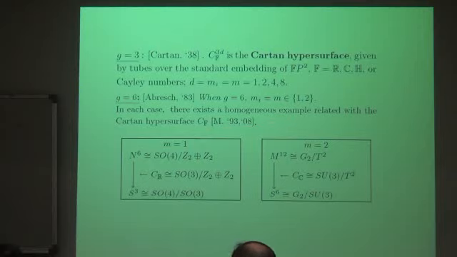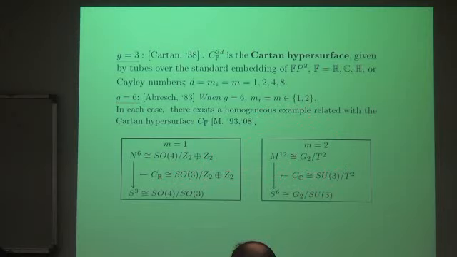Also, in the multiplicity 2 case, the homogeneous hypersurface with 6 principal curvatures has a fibration over S^6 with fiber the complex Cartan hypersurface.